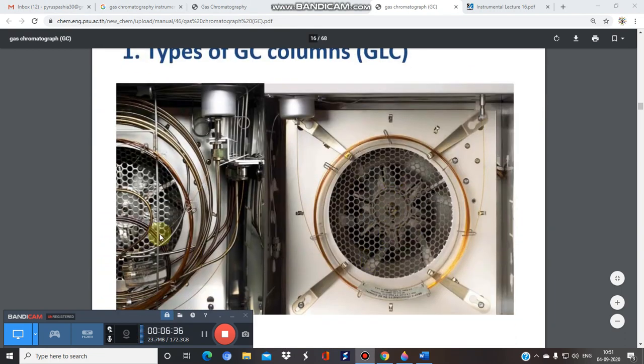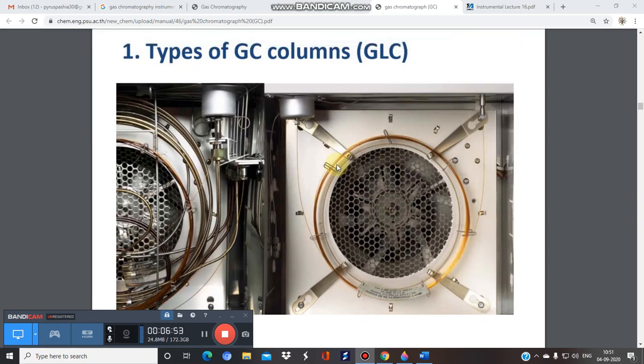This is an overview of the column, the coil shaped column. Look, this is your column. Now the question arises, why is it coil shaped? Because it gives sufficient time to a mixture containing particular components, so that they achieve separation at a particular time.